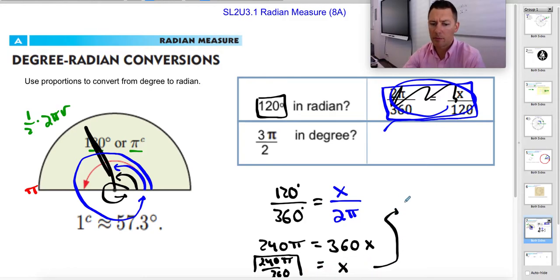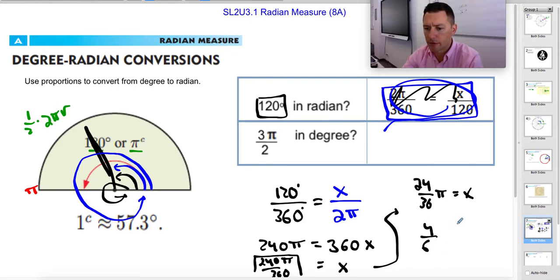Leave the pi, this becomes 24 over 36 pi equals x. And then you can divide by 6, and you get 4 over 6, and 2/3. So you get 2 pi thirds is x.